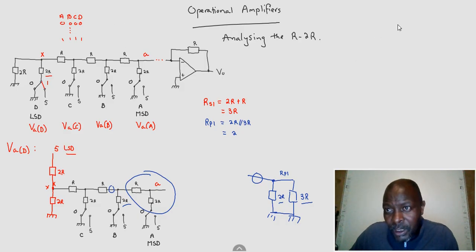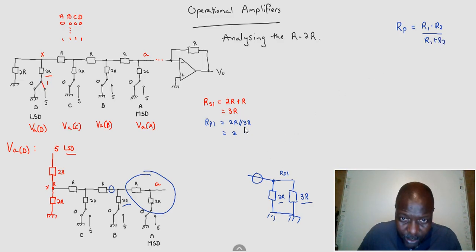We say R parallel for 2 resistors, let's call them R1 and R2, is going to be R1 times R2 over R1 plus R2. So if we take these to be R1 and R2, this will be 2R times 3R, the product, over the sum 2R plus 3R.